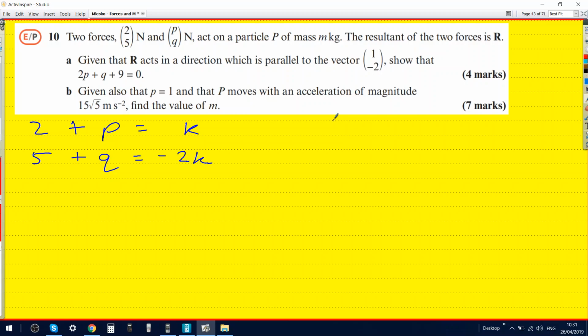You could multiply it by plus 2. Yeah, we could actually. Still gives the same answer. And then we add them, and we get 4 plus 2p plus, well, 9 plus 2p plus q equals 0.